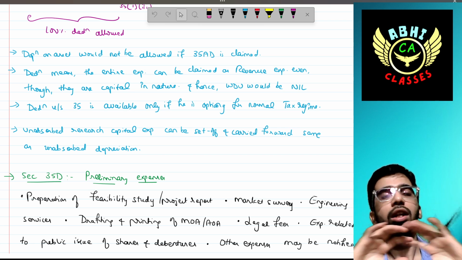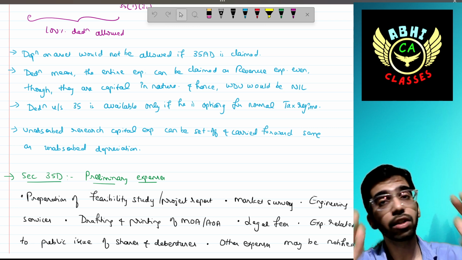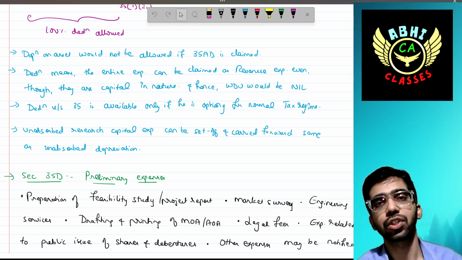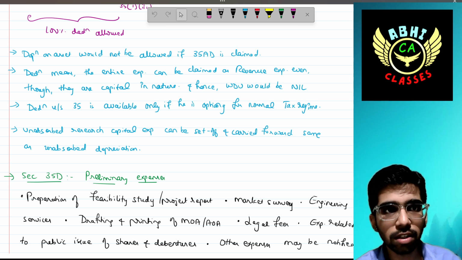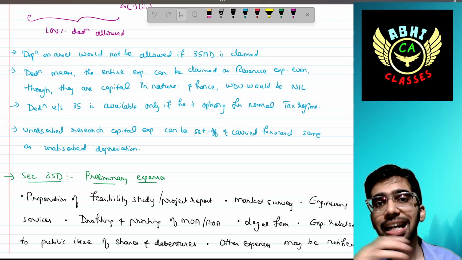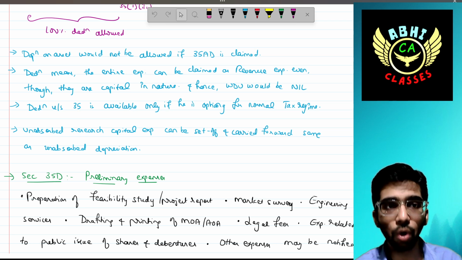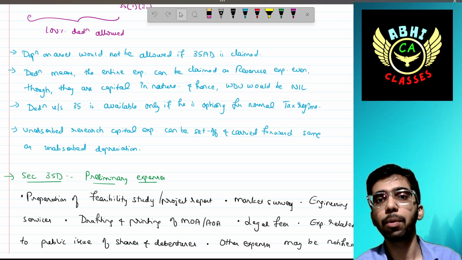In order to revise, the depreciation would be nil if you are claiming the deduction under section 35AD. Next, depreciation nil means the entire expenses can be claimed as revenue expenditure even though they are of capital nature, hence WDV would be nil.